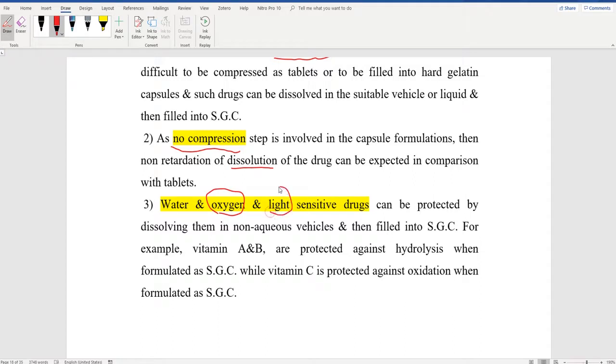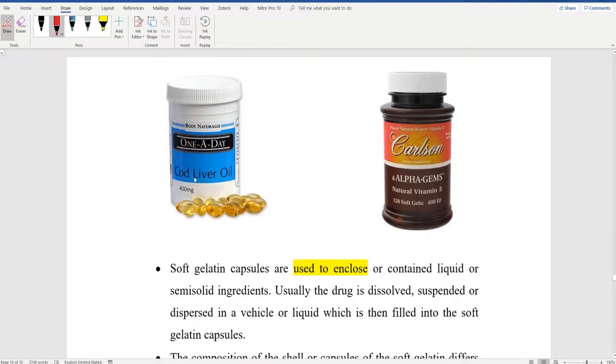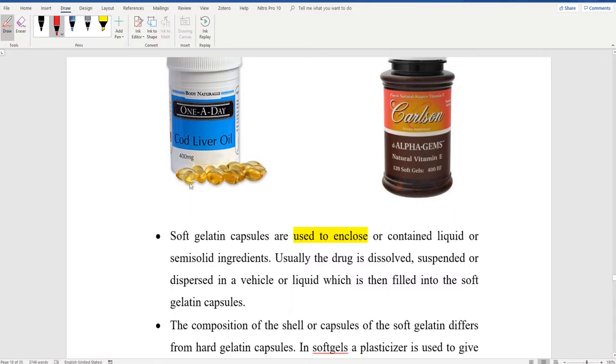Now for light, as is the case with hard gelatin capsules, we use opacifying agents, titanium dioxide. This will not allow the light to get through the gelatin shell. Okay, these are examples. For example, we have cod liver oil that has vitamin A and vitamin D. This is an example of a product containing soft gelatin capsules.